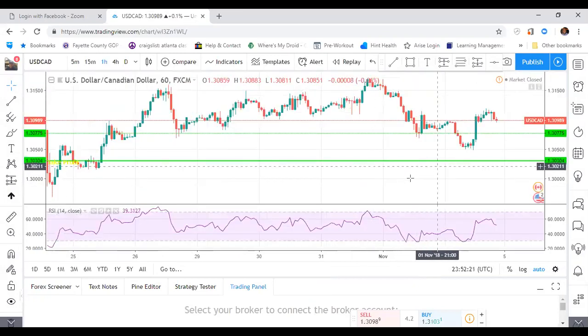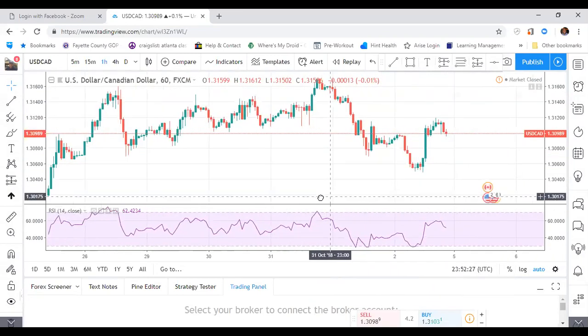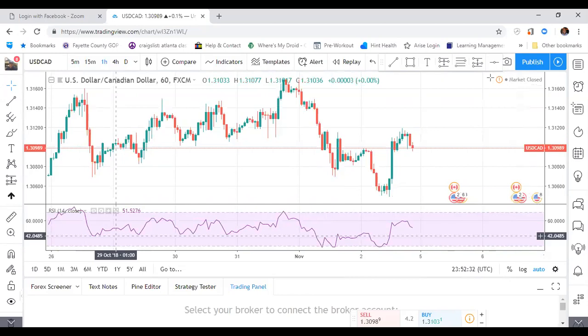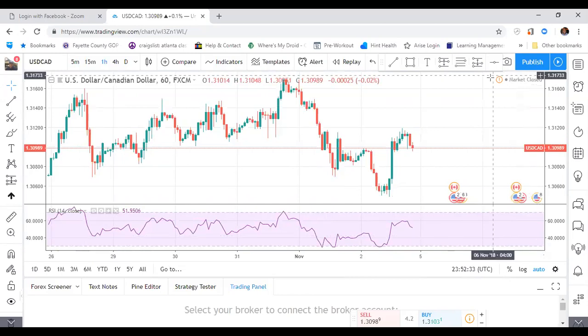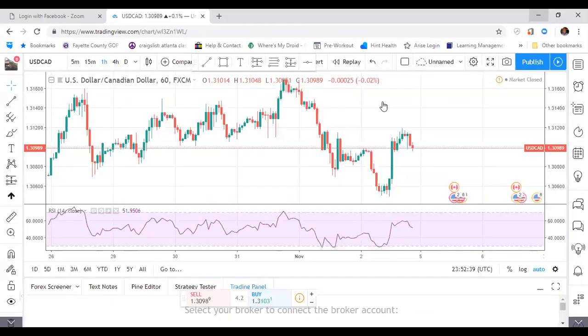All right, cool. Kind of had this one marked up. Let me erase this. Remove all drawing indicators. Good. All right, and let's see. Expand my screen a little bit. Okay, let's move this down to the bottom.